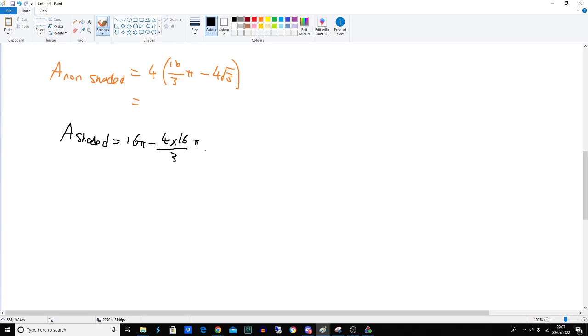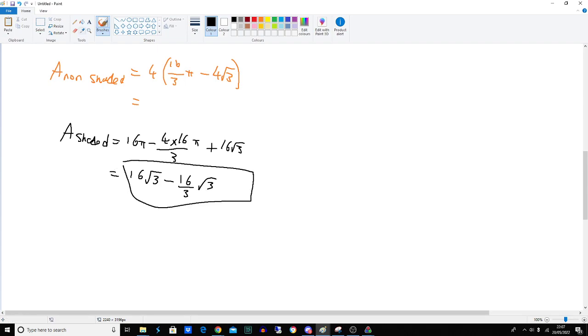And then we're minusing a minus, so this becomes plus 16 root 3. And so that should be 16 root 3 minus 16 over 3 pi. Let me check if I got that right. Oh, pi, not root 3, pi. Okay, and that's how you do that question.